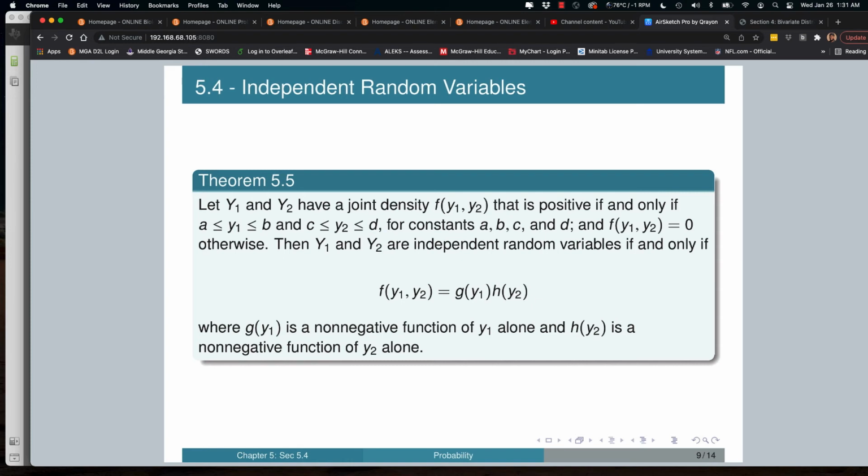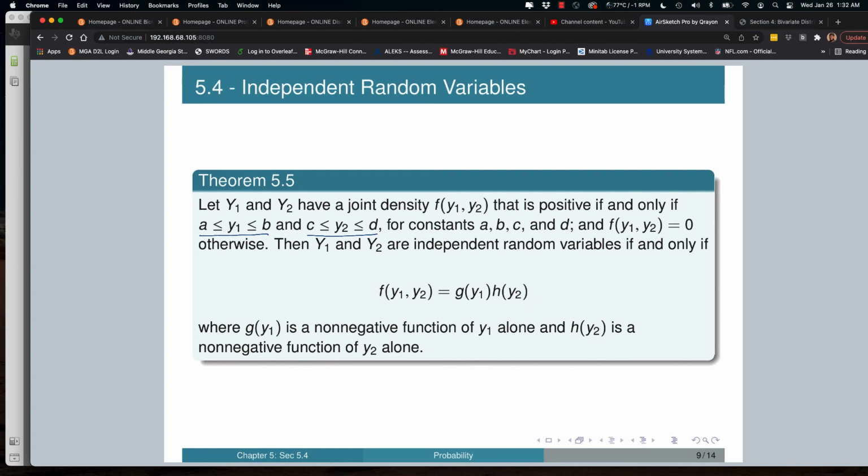It says let the random variables y sub 1 and y sub 2 have a joint density f of y sub 1 and y sub 2 that is positive if and only if y sub 1 falls between a and b, and y sub 2 falls between c and d. What that's basically saying so far is that if you've got two values and two separate inequalities like this, that's what they're pointing out without saying it directly. So you've got two separated inequalities.